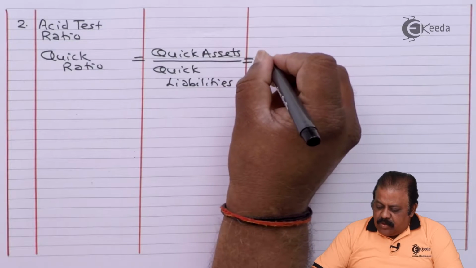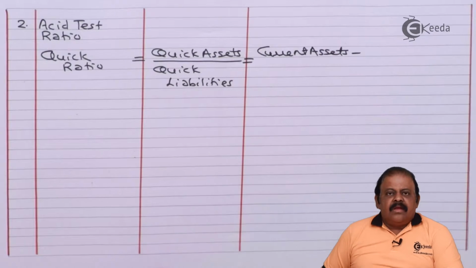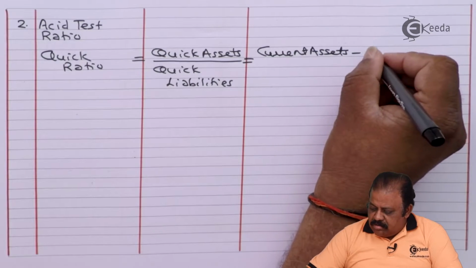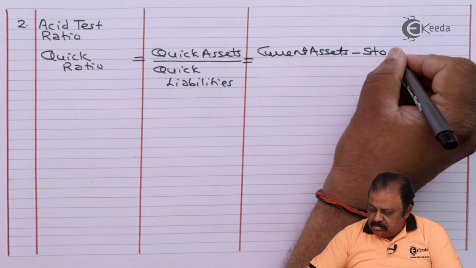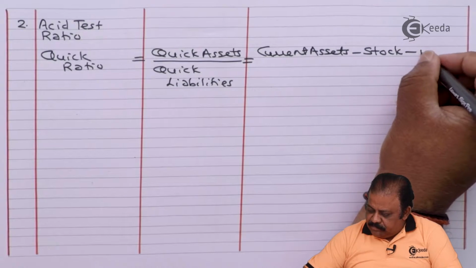Quick assets is equal to current assets minus stock minus prepaid expenses.